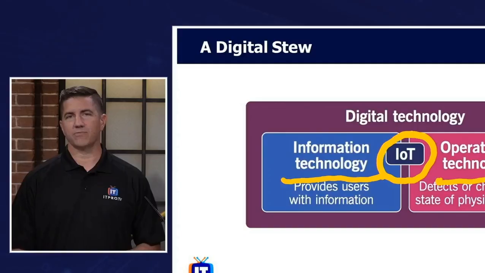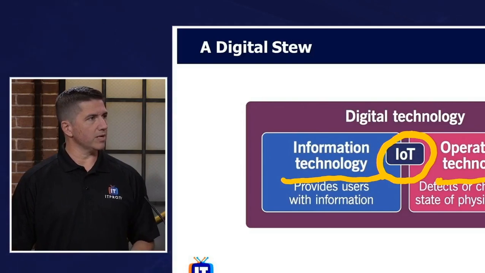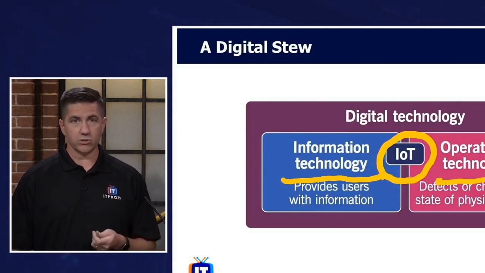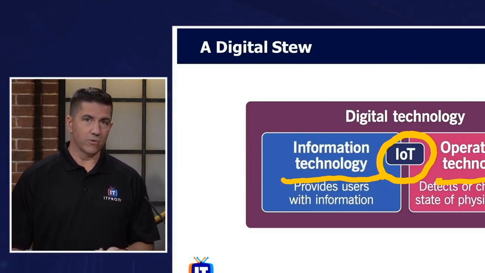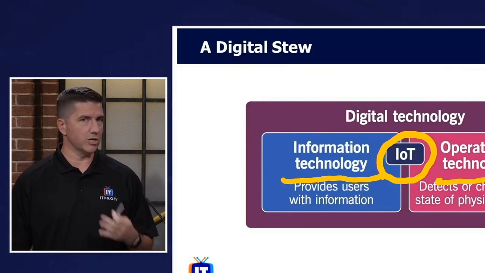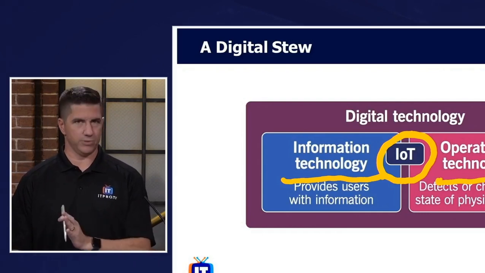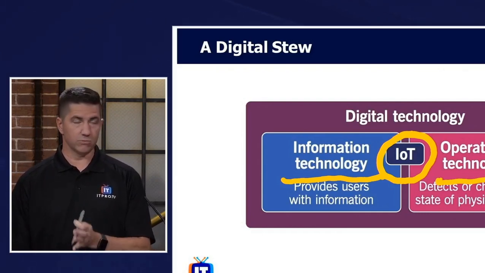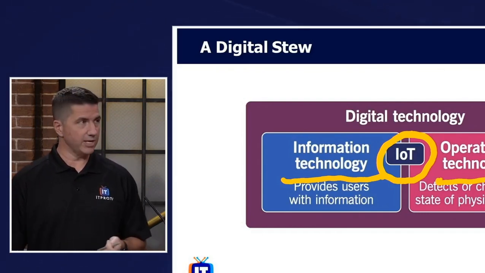Oh, exactly. Yeah. For this digital stew, digital technology, this combination of things is going to help us, enable us to do the digital transformation, and that will, of course, allow us to be a digital organization. Remember, I said that another way of remembering digital organization is a digitally enabled organization. So what is the stuff that enables us?